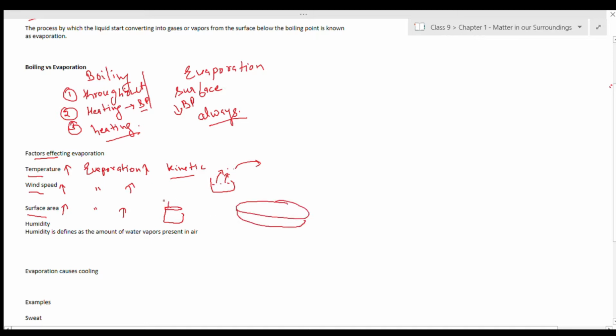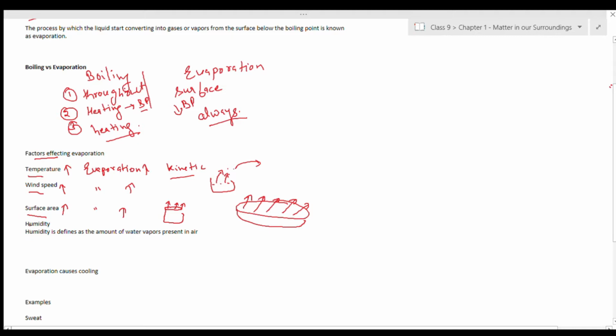Here only a lesser number of particles will be exposed on the surface to be evaporated. However, a larger surface area will provide access to a larger number of particles on the surface of a liquid to be evaporated, and that is why the rate of evaporation increases with increase in surface area.